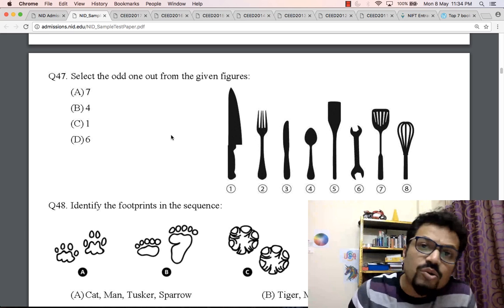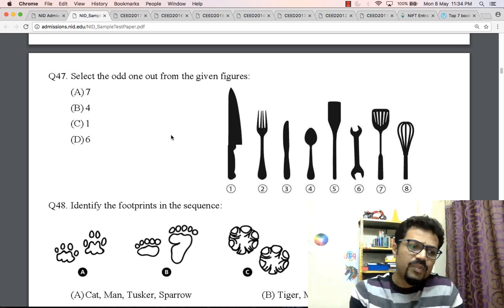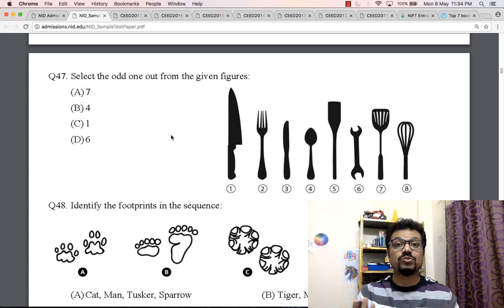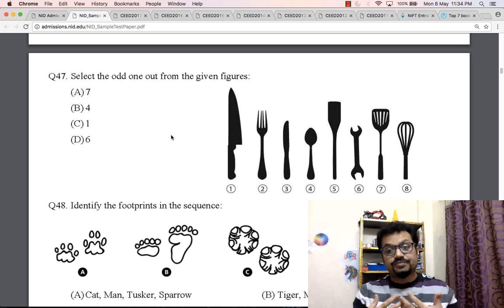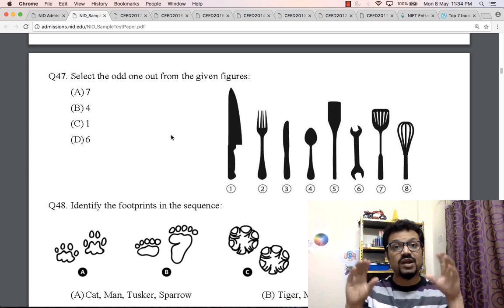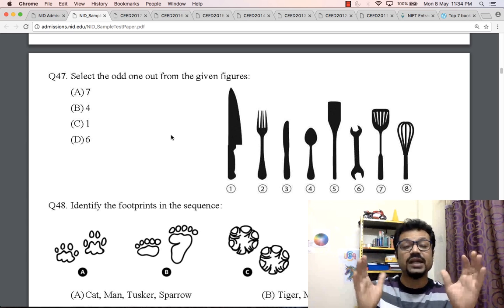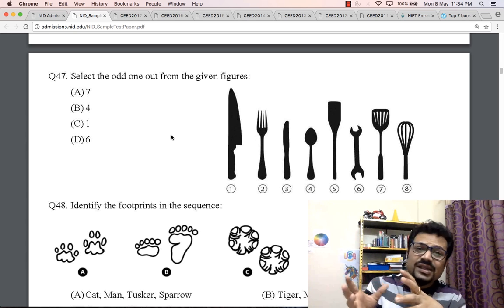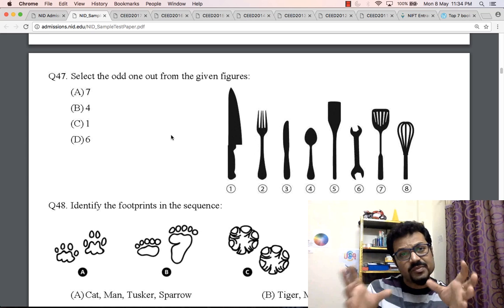What you actually need to do is be very hypersensitive about the environment around you, raise your observation skills to a level where you can see maximum details in minimum amount of time, and grow your visual reasoning and a little bit of mathematical reasoning.